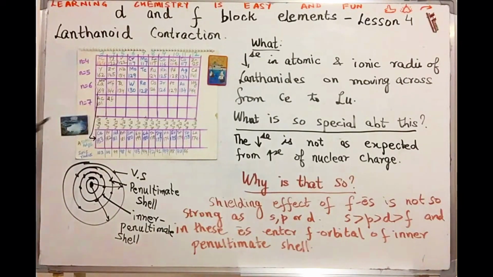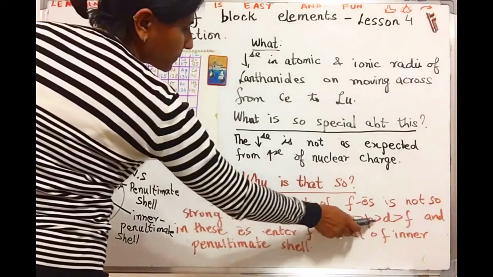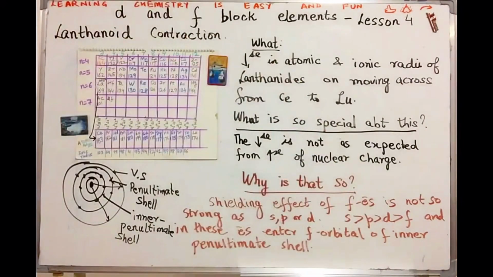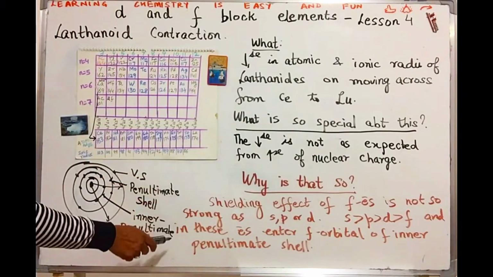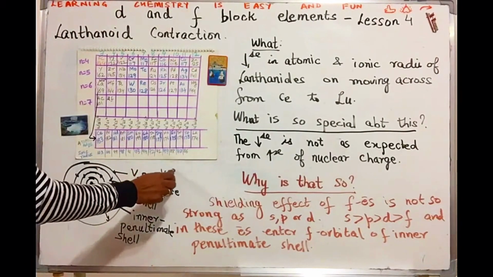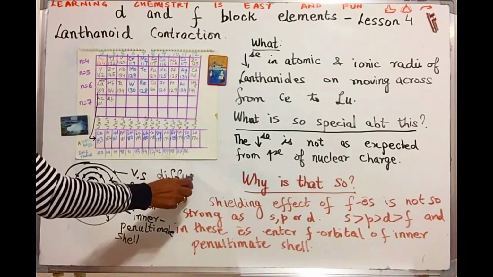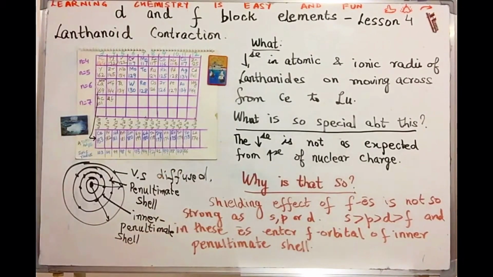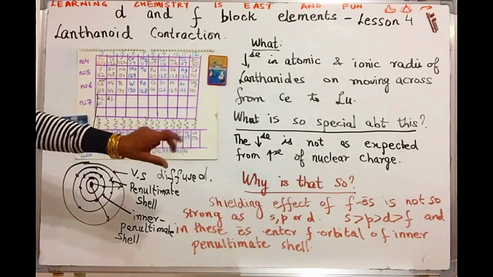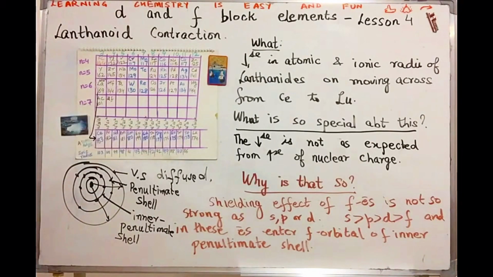But the F electrons are not as selfish as the S, P or D. And why is it so? Because of their diffused shape. Because of their diffused shape, they do not prevent the attraction from reaching the valence shell as much as the S, P or the D orbitals.